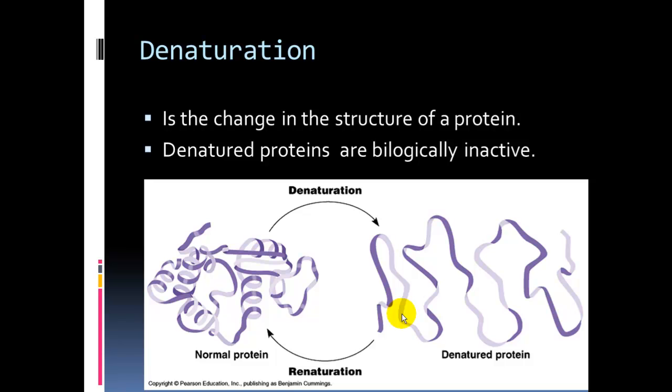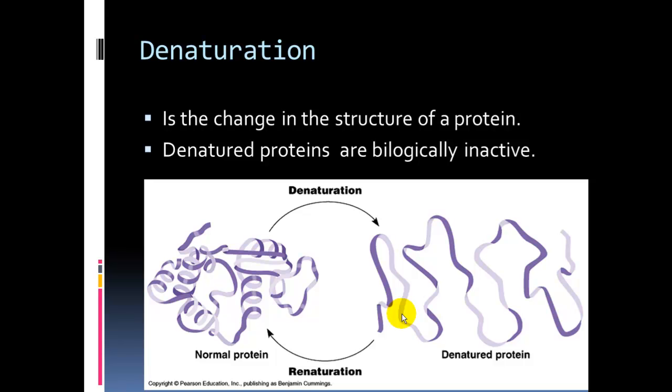So denaturation is the word we use to refer to proteins when their shape has been modified, and this is not due to genetic mutation. So sickle cell anemia was an example of a genetic mutation.